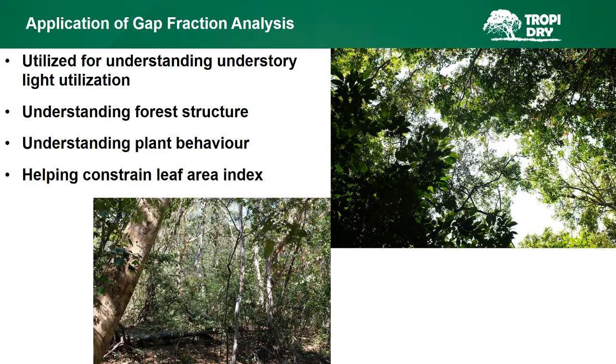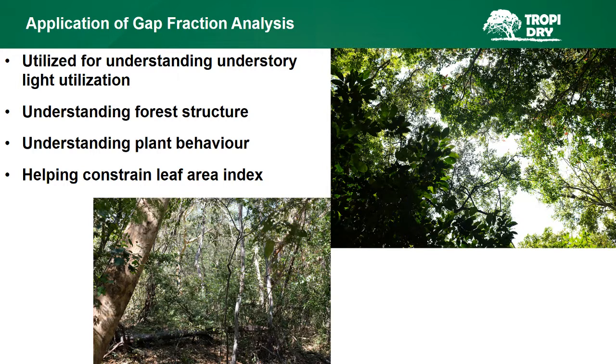It also helps us understand forest structure, such as what stage you're looking at in forest succession, and then understanding plant behavior, such as how vines growing up the trunks of trees unfurl or orient their leaves to the sun in order to maximize the amount of radiation or sunlight that is getting through the canopy.